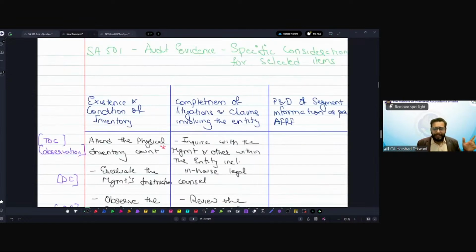Pretty straightforward, nothing difficult or complex when it comes to the completeness of litigation and claims. It is similar to the testing of unrecorded liabilities.